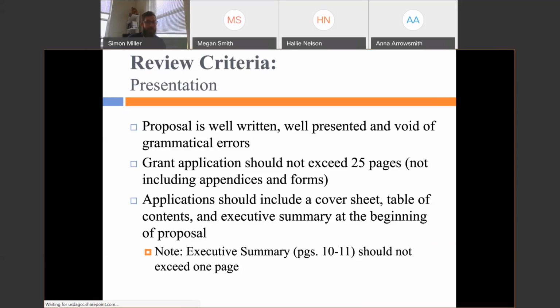And I'll just make one final note on the executive summary. It should not exceed 1 page, and a few other things, which are listed in the RFA.